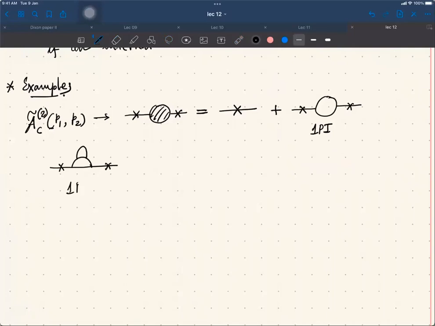This is 1 PI, because if you cut any of these internal lines, it will not get disconnected. Similarly, this overlapping diagram is also 1 PI.